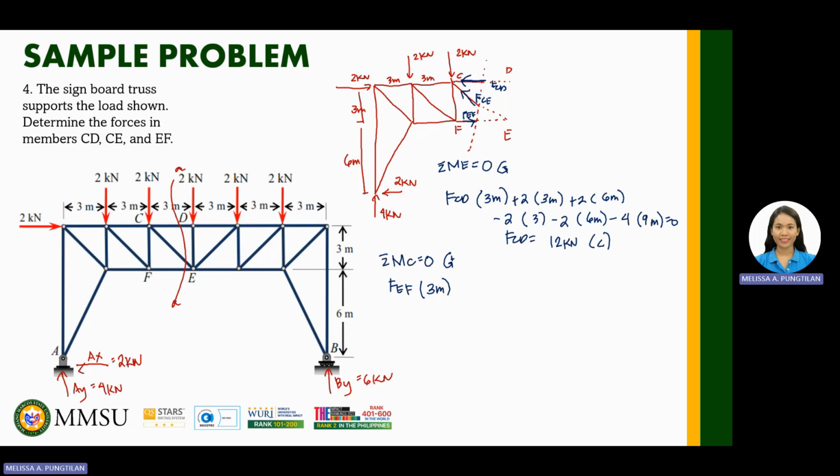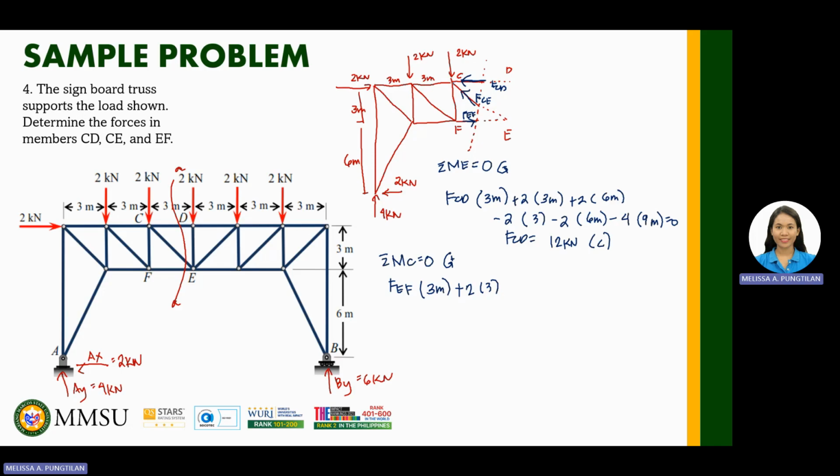And then yung mga external forces na natin. So, ligwak na si 2 kilonewton, no? Kasi it is directly at point C. So next tayo dito, 2 kilonewton. So, we have counterclockwise. So, plus 2 kilonewton multiplied by 3. Next, ito naman, cancel out also kasi they have the same line of action with point C. No?